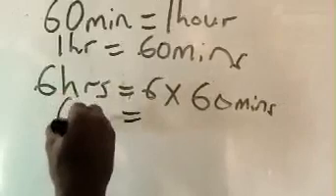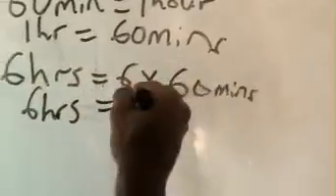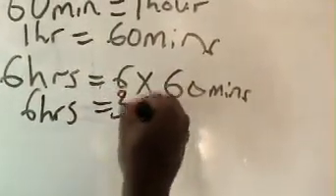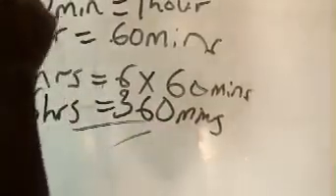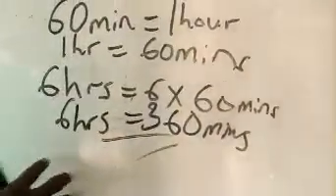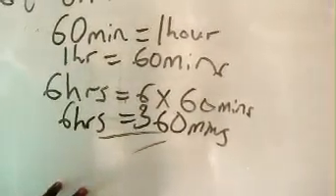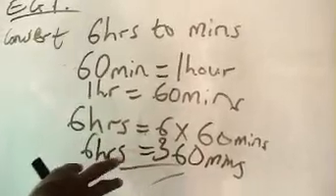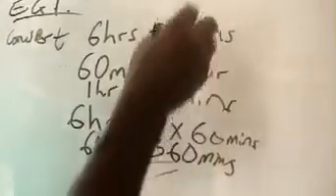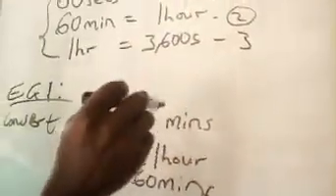So this will mean that 6 hours is equal to 6 times 60, which is 360 minutes. So that's it. We've successfully converted 6 hours to minutes. It's really that simple. You just have to follow the steps very well and understand them. You could always pause it when you need to.